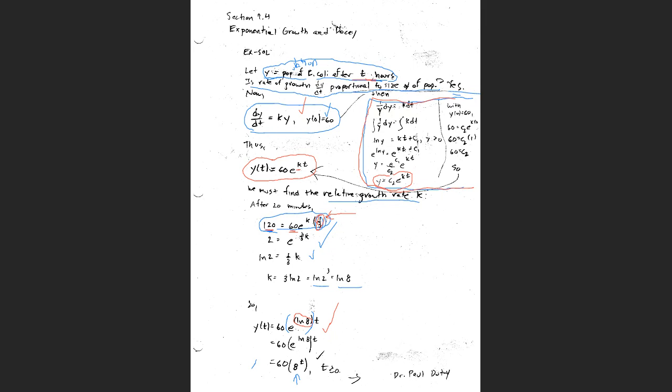So now you have that y of t is equal to 60 times 8 to the tth power, where t is greater than or equal to 0. WebAssign might want the answer in this form. It might not take the answer in the first form. I'm not sure, but it's no big deal because really you want to get it in the second form anyway.